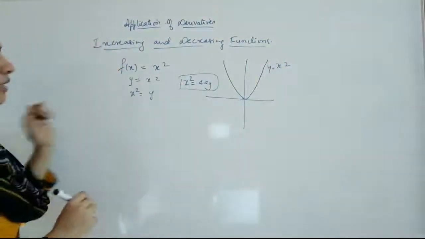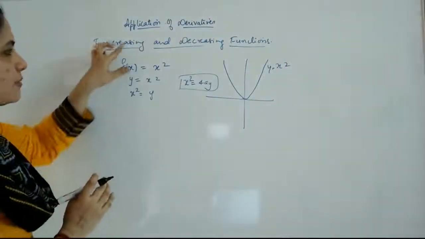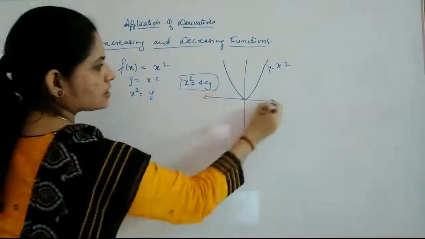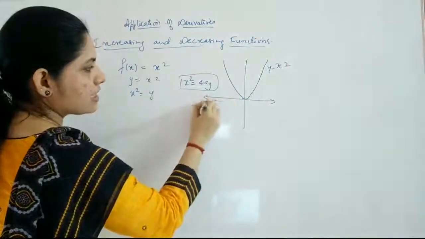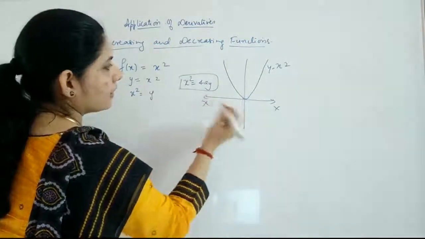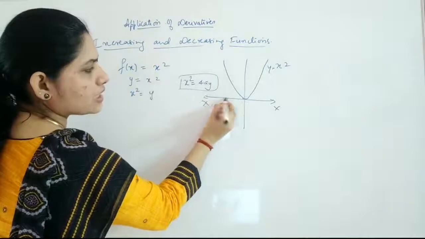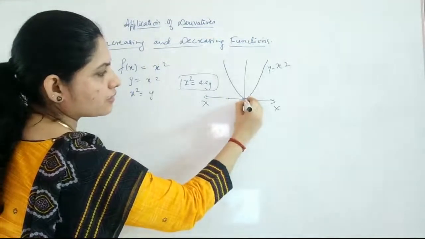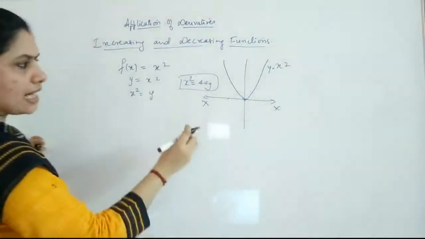Now, in order to explain this increasing and decreasing, this is your negative part of x dash, and this is your positive axis x. So when I go from the left side to right side, I am just starting from this point in the positive x direction.